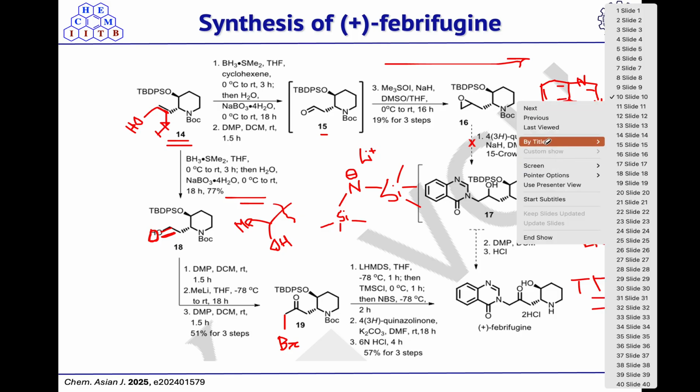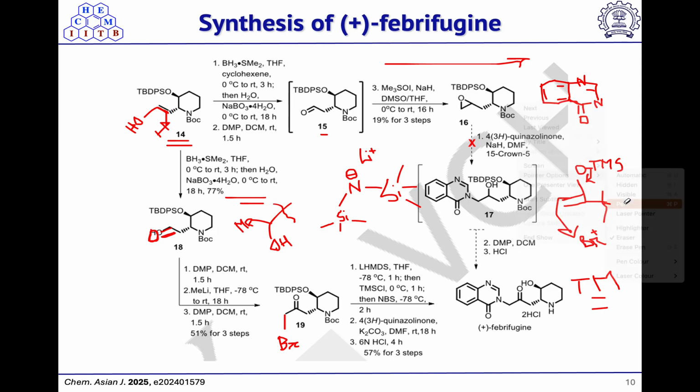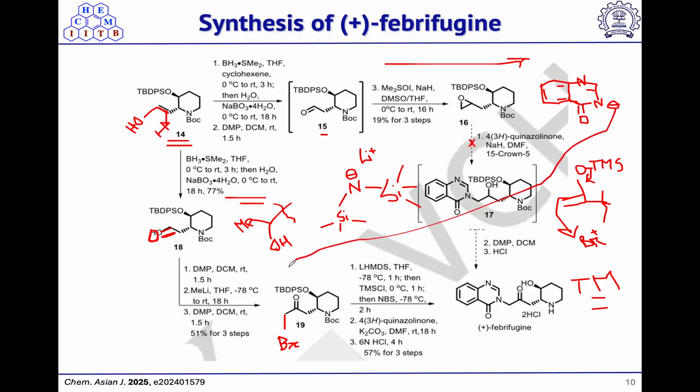So here this N minus will form, right? Now this N minus will add, SN2 will take place, and this bromine will leave. So basically this carbon and this nitrogen bond will form, and we get this product.